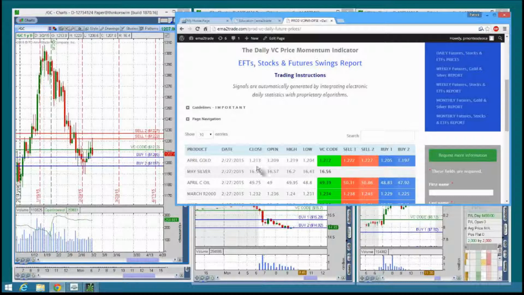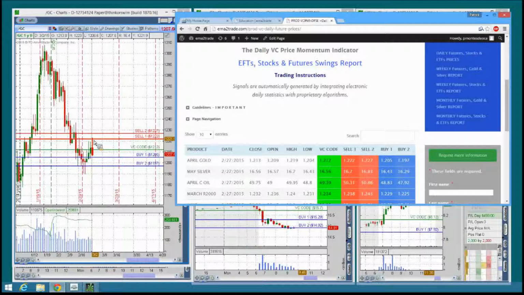So the market opened Sunday night at 1213.80, and it ran through the sell level of 1222, which was indicated on the report, during the Sunday night trading session, and it took out the first target.